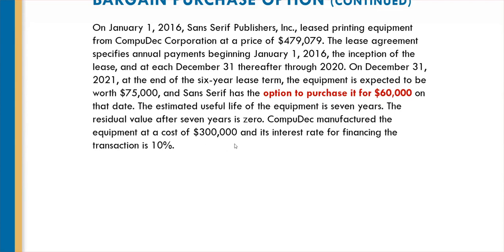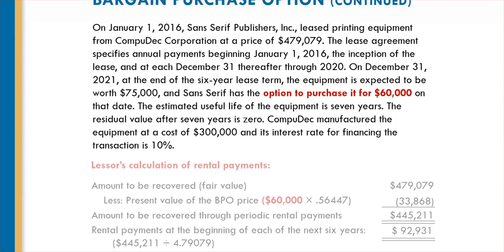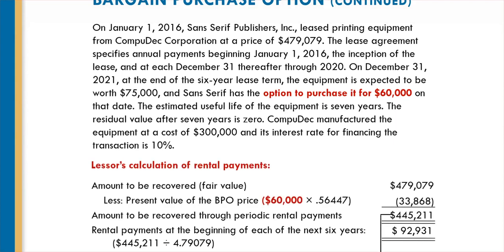This is equipment which was manufactured. How do you handle manufactured equipment? I don't know. The point here is that the present value calculation needs to go into here, and if you're doing it this way and subtracting it, it's confusing again, because what we're saying is this is a PV of the annuity, this is a PV of 1 for the BPO.